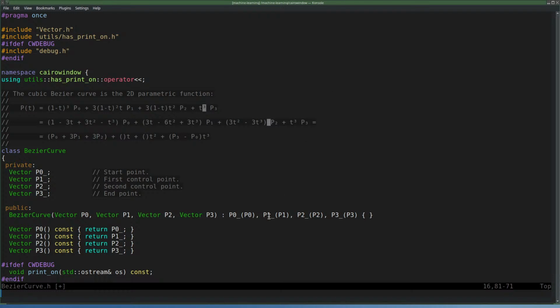Errors. Did I do it correctly? This one was correct. Plus 3t, so it is minus 2t, minus 2t squared. Yeah, well, can't make anything else of it. Plus t to the power 3 P1, okay. 3t squared minus 3t to the power 3. Looks okay.